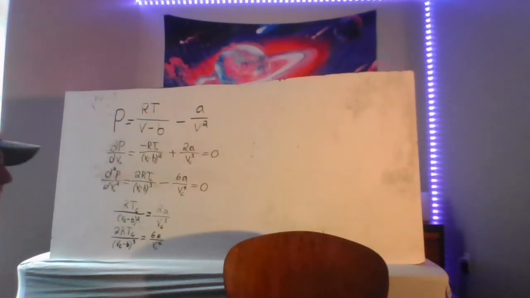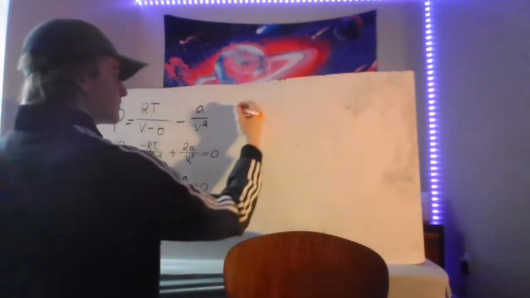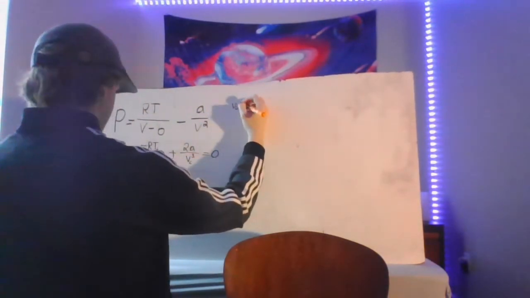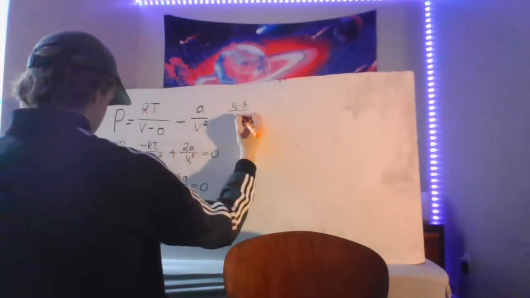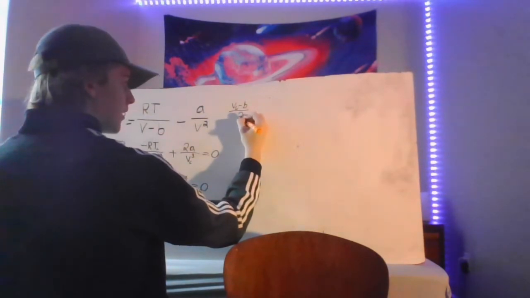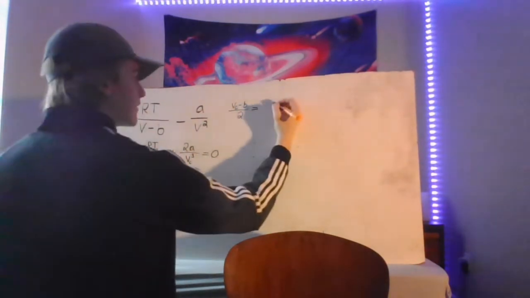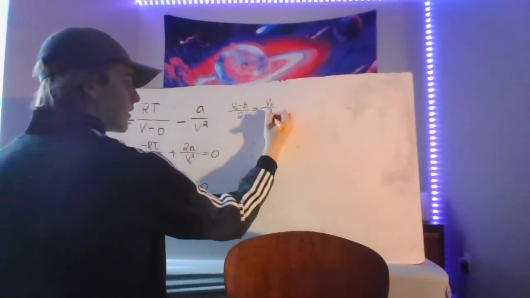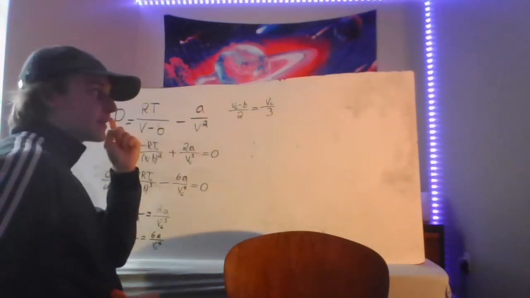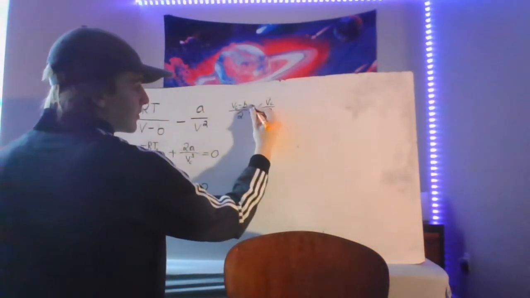So now to solve this, we can multiply by the inverse. So flip this and then multiply by these to get (Vc minus b) over 2 equals, flip that, Vc over 3. So now we can solve for b by cross multiplying.